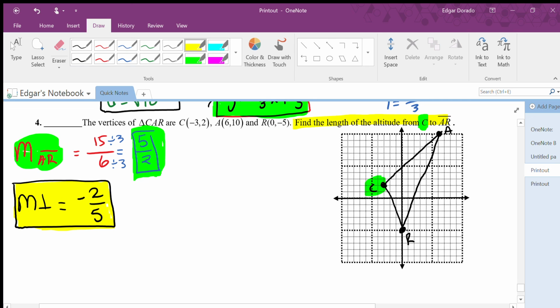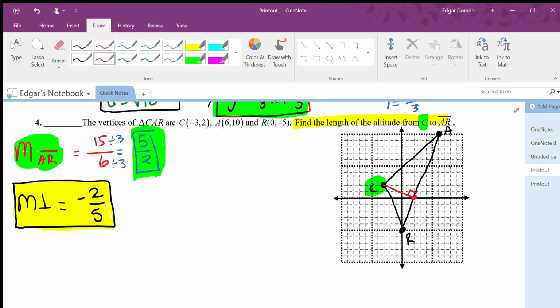So once again from C, let's go ahead and draw our altitude. I have to go down 2 to the right 5. Looks like it's right there. I can now draw a straight line from C to that point, and I officially now have my altitude.